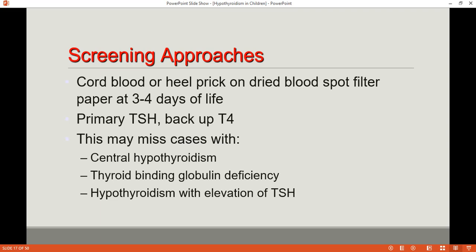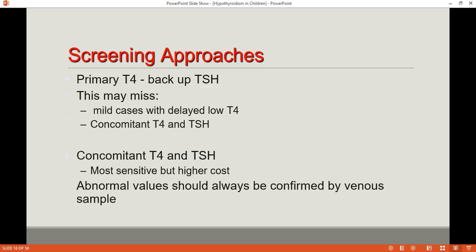But this may miss central hypothyroidism, which is secondary hypothyroidism, in which both TSH and T4 are low. Ideally, for diagnosis, in primary hypothyroidism TSH is high and T4 is low.